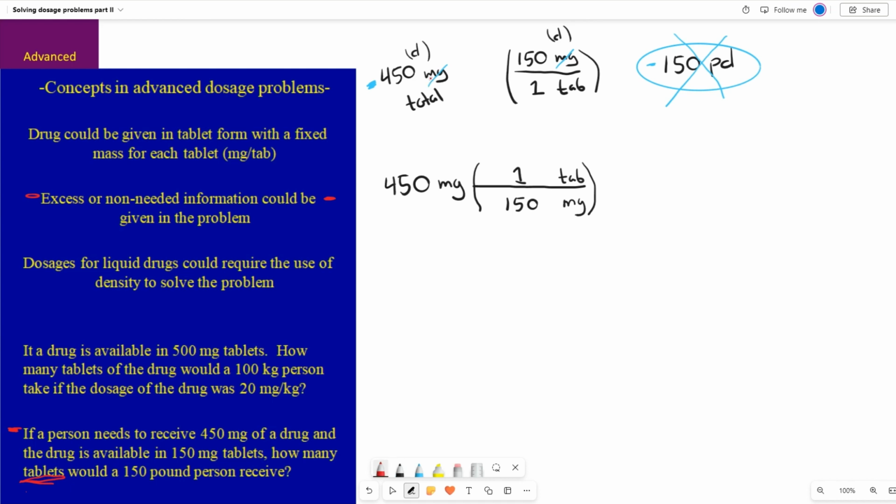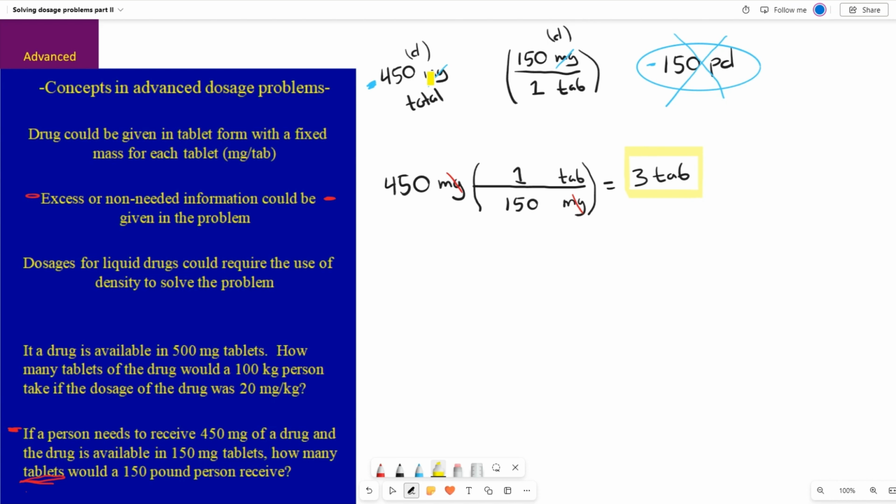So when we set that up, the milligrams and milligrams cancel out. 450 times 1 divided by 150 is 3 tablets. It's only a one-step problem. This person is supposed to receive 450 milligrams of drug. It's available in 150 milligram tablets, and you give them 3 tablets.